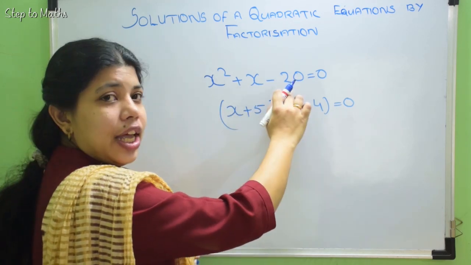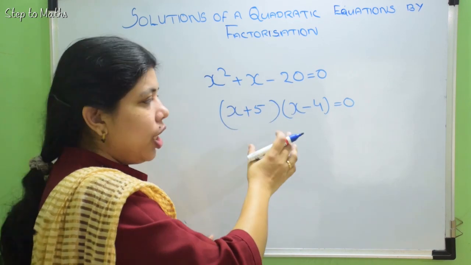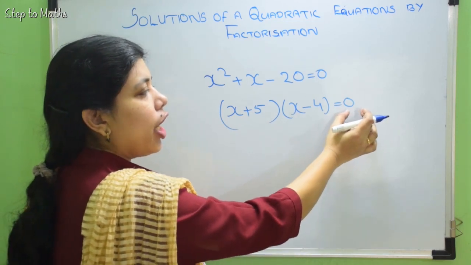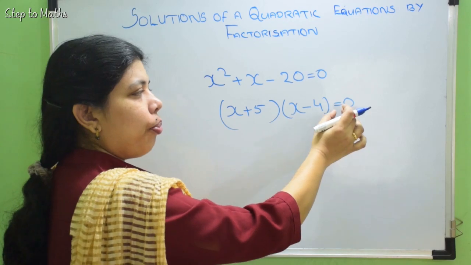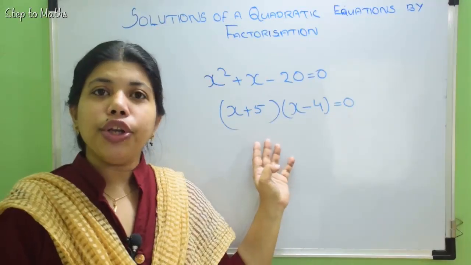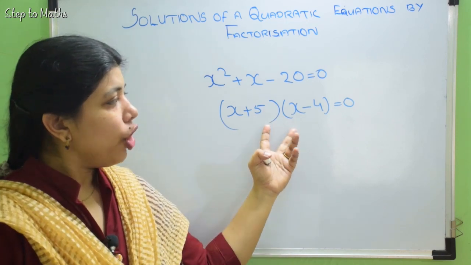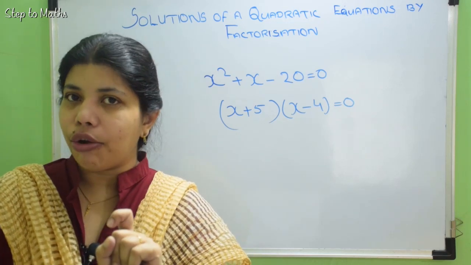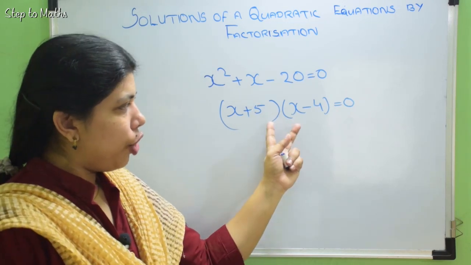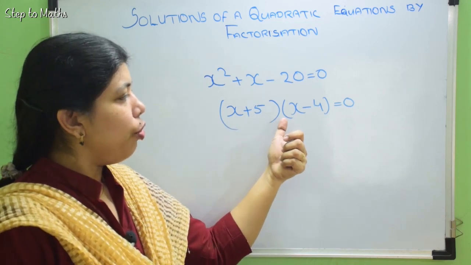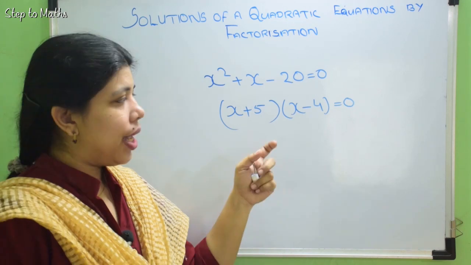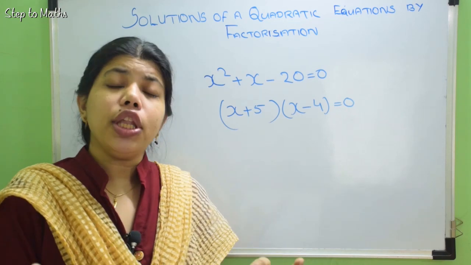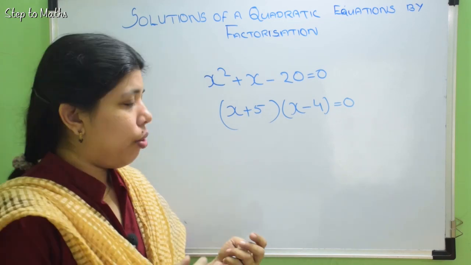When we factorize the given quadratic equation, we get two linear expressions whose product is equal to 0. Then according to the zero product principle, if the product of two numbers is 0, at least one number is 0. In case of polynomials, (x plus 5) into (x minus 4) equal to 0 means either one of the polynomials is 0 or both can be 0.